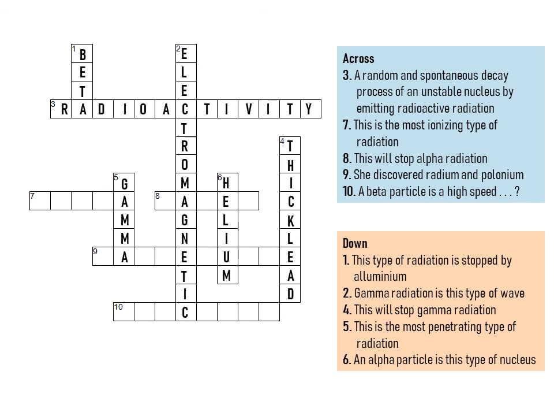Can you recall? The answer is alpha. Eighth question, what's going to stop alpha radiation? The answer is paper. And the ninth question, who discovered radium and polonium? The answer is Marie Curie. And last question, a beta particle is a high-speed electron.